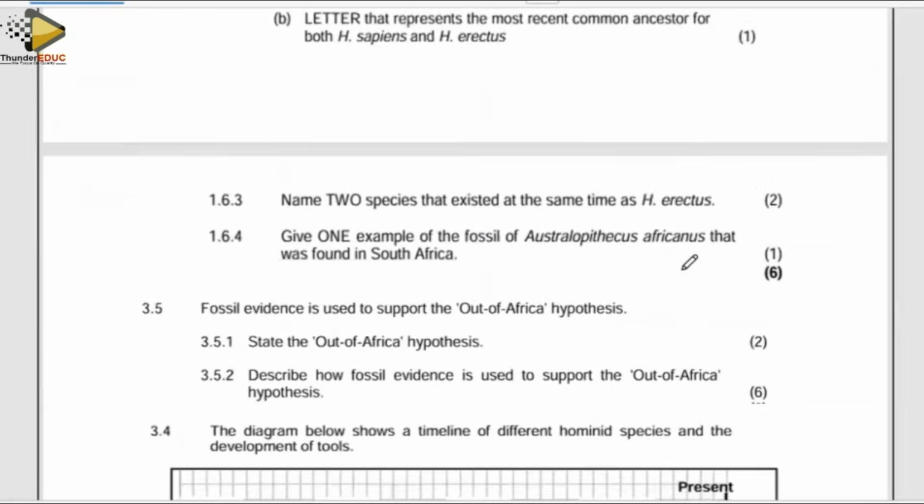Give one example of a fossil of Australopithecus africanus that existed in South Africa. That is Taung Child, Mrs. Ples, and then Littlefoot.